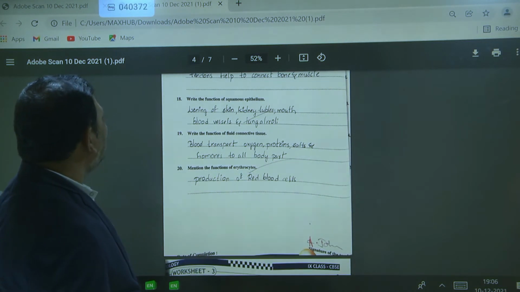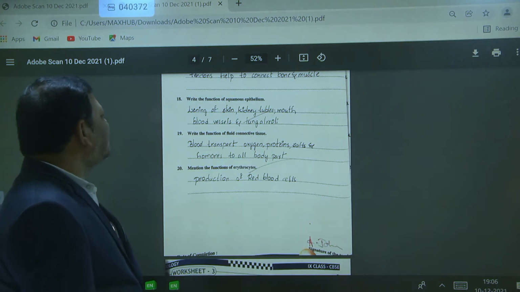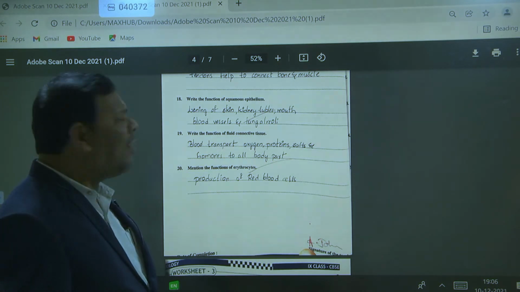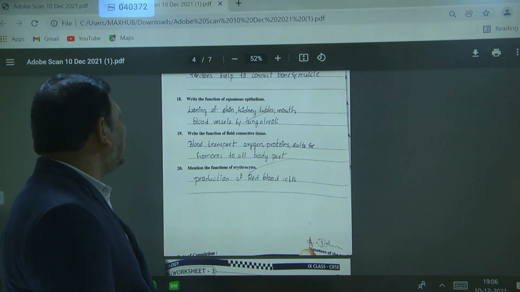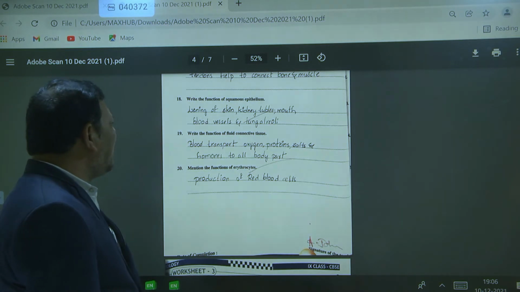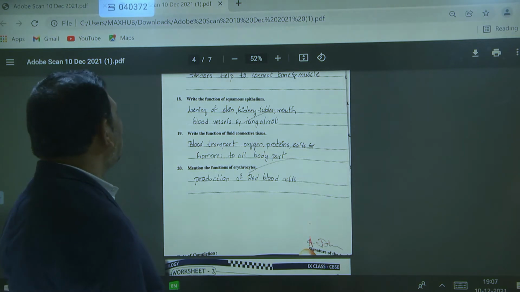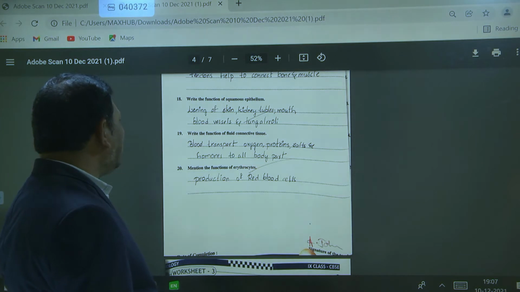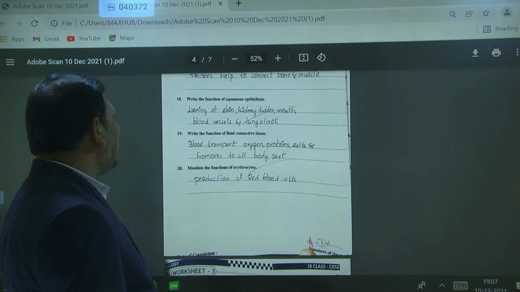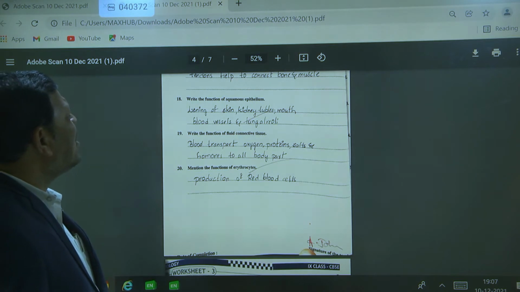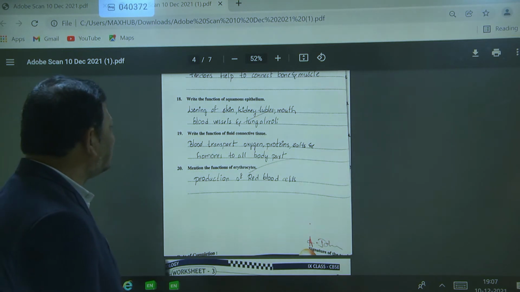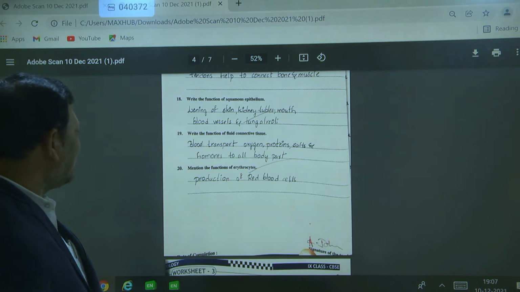Next question. Write the functions of the squamous epithelium. Squamous epithelium lines the skin, kidney tubules, mouth, blood vessels and the alveoli of the lungs. These are the parts protected by the squamous epithelium.